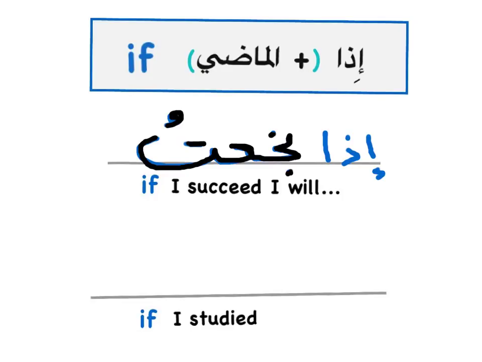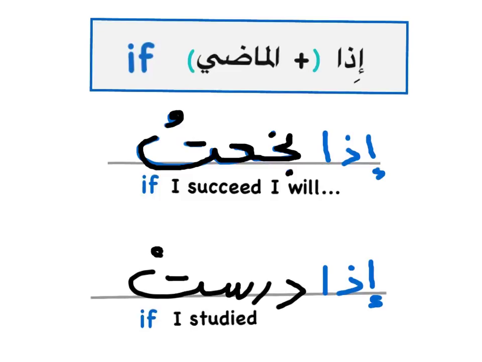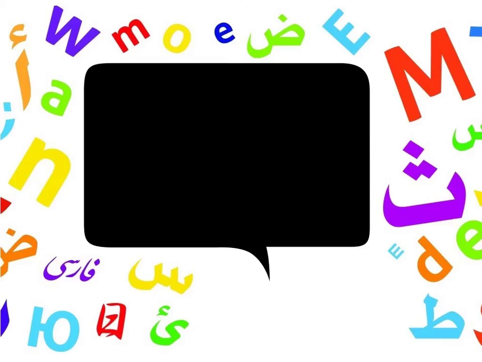Another example is if I studied. We all said that at one point in our life. We have إذا, if, إذا درست. Again, an if clause is إذا plus ماضي.